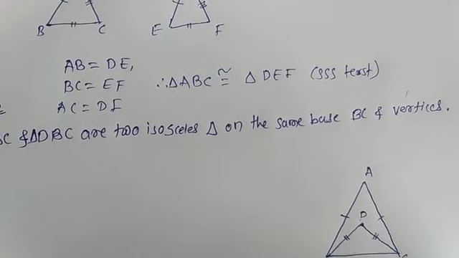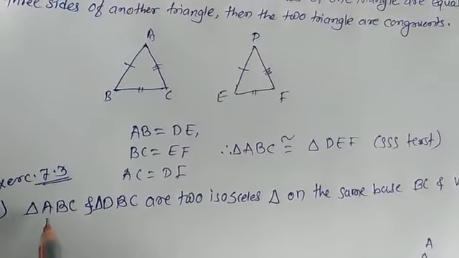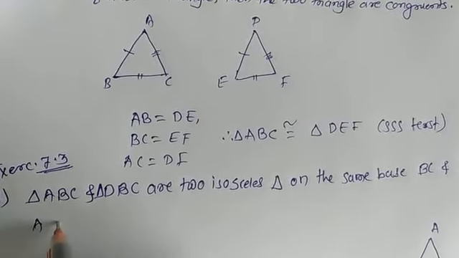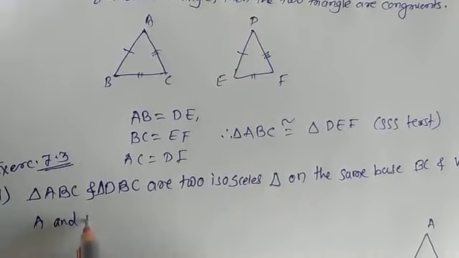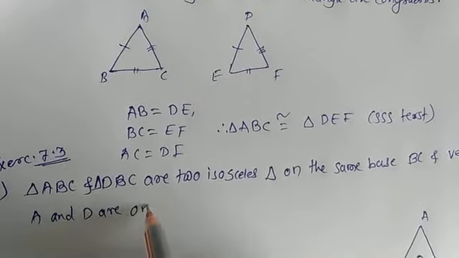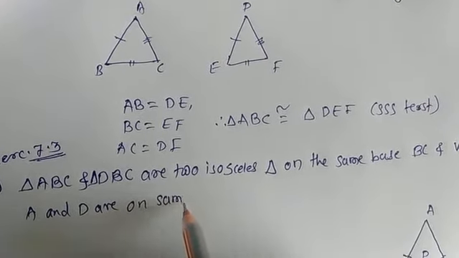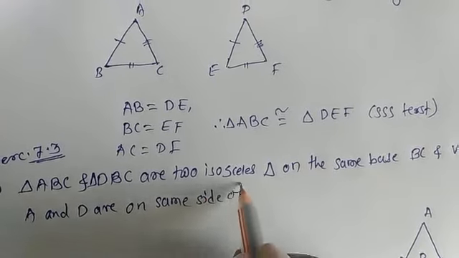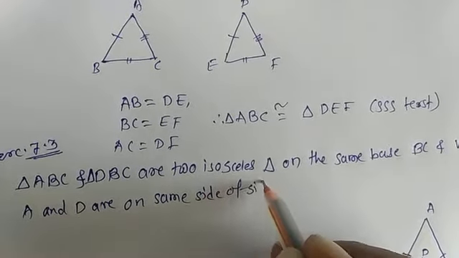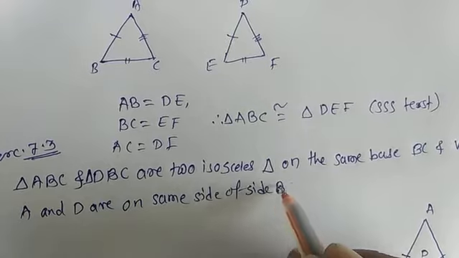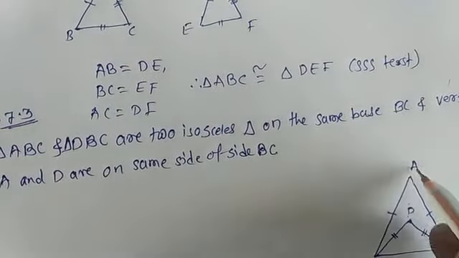And after that it is given that A and D are on the same side of BC.